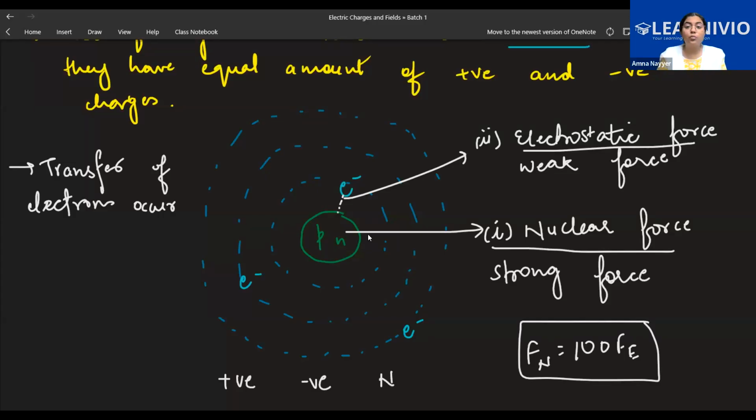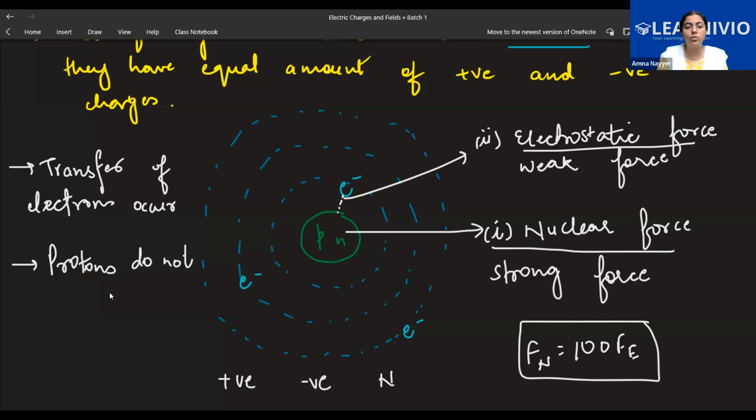So what you have to remember is that it's the transfer of electrons that is determining all of these things. Whether it's positive or negative or neutral, this is being determined by what? This is being determined by the electrons. So you should have this in mind that protons are not moving.